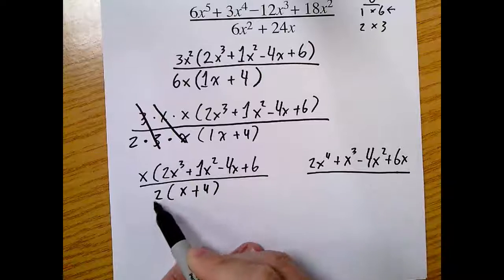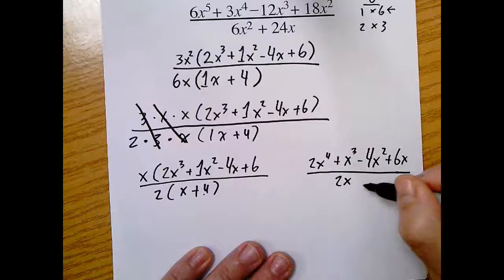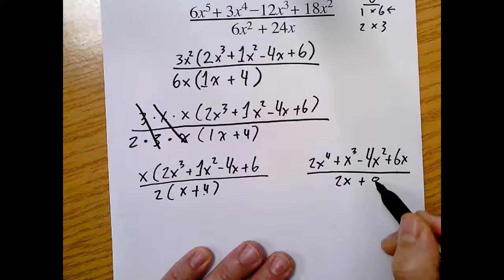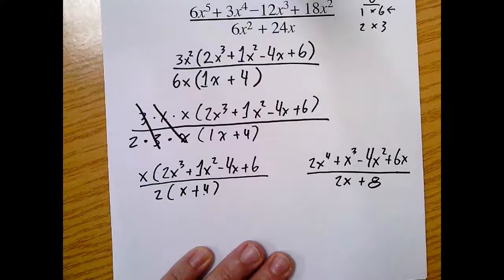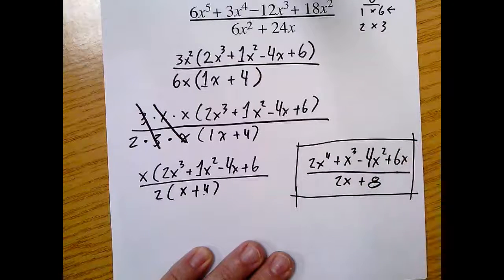And then you distribute 2 times x, well, that's 2x, and 2 times 4, well, that is 8. And that right there could also be your answer, depending on what you're being asked. I prefer this method, but again, as you like.